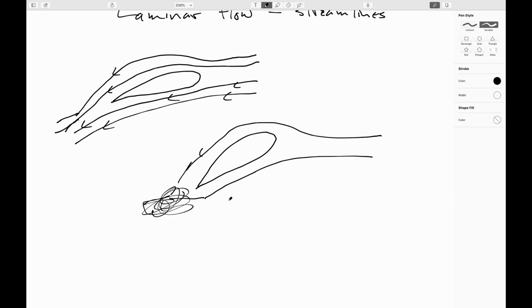Instead, you just get a whole bunch of turbulence back here. And this turbulence is associated with a loss of lift on the wing.